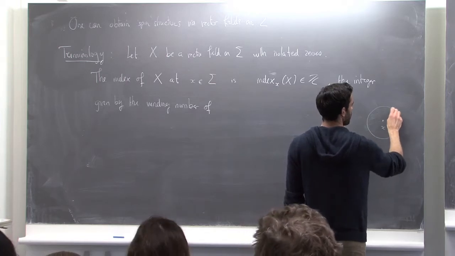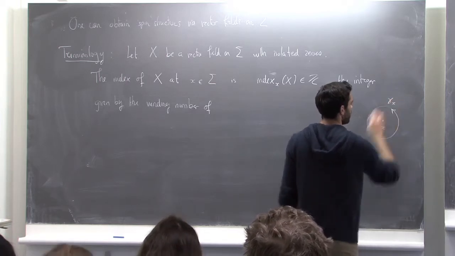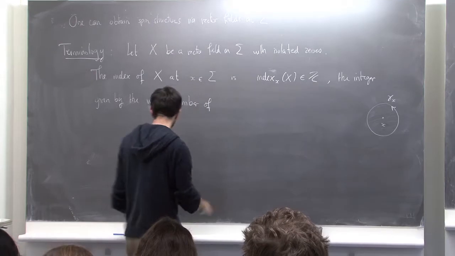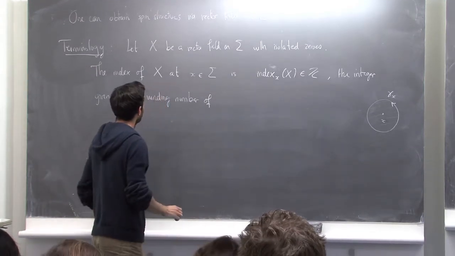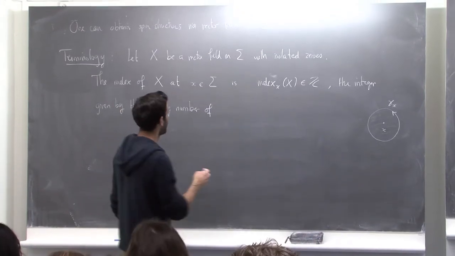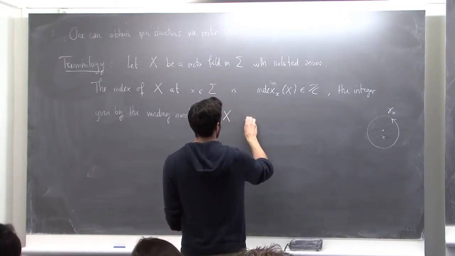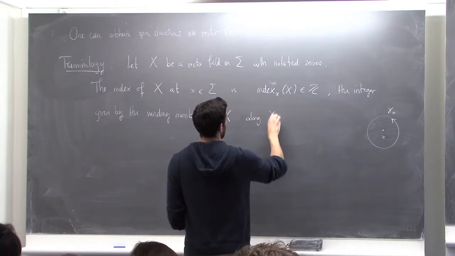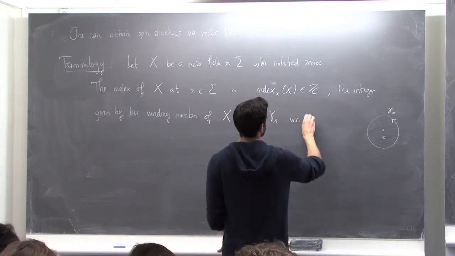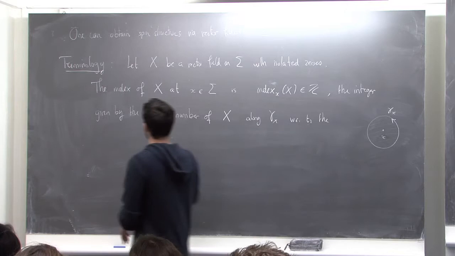I look at the boundary of this disk. Let's say I call it gamma x. And I want to look at the winding number of x along gamma x with respect to the constant vector field.